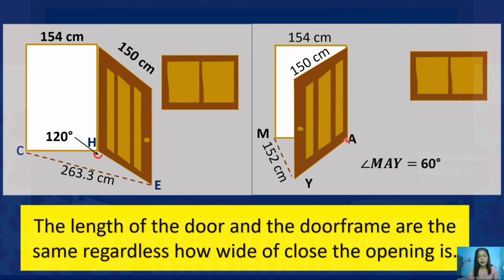And when Cherry May slightly closed the door, the measure of MA for the door frame remains the same as to the length of the side of the door. So, ibig sabihin, hindi naapektuhan yung measurement or yung lengths ng door and door frame sa pagsara o pagbukas ng pinto. Wow, very good analysis. You got it correct.